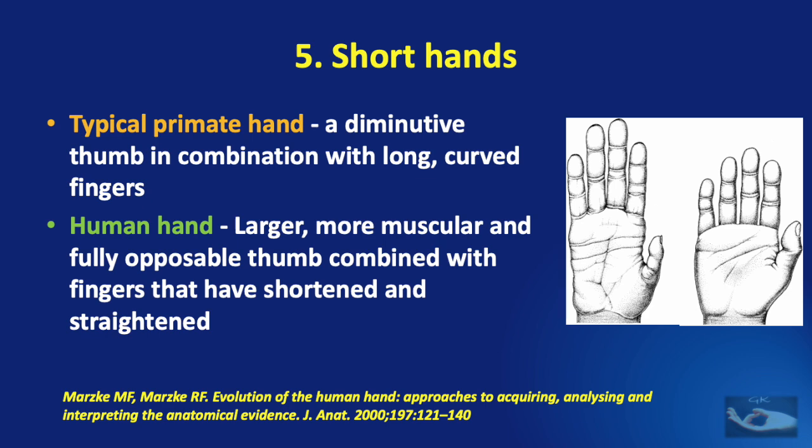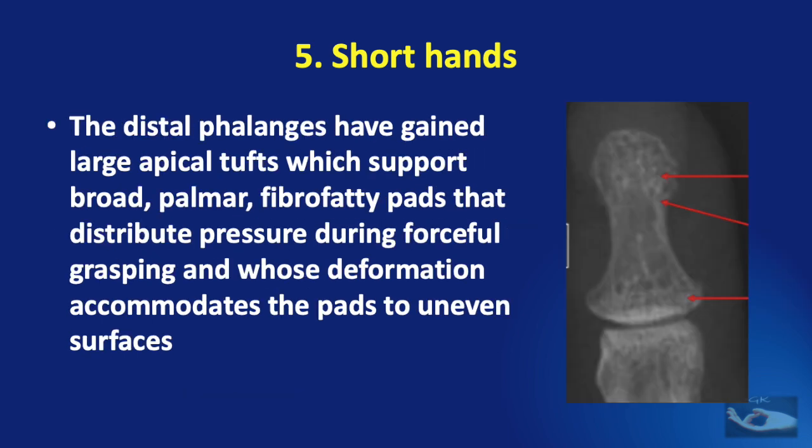Obviously, this striking difference is the result of evolution. This shortening of the human hand provides greater stability and better stress endurance. The distal phalanges have gained large apical tufts which support broad palmar fibrofatty pads that distribute pressure during forceful grasping and whose deformation accommodates the pads to uneven surfaces.